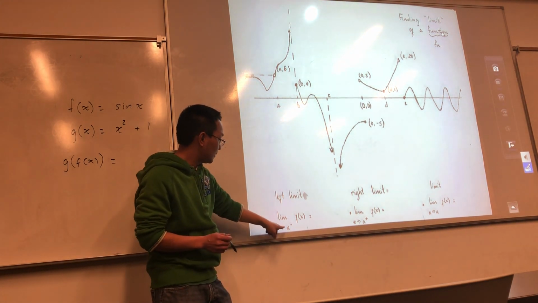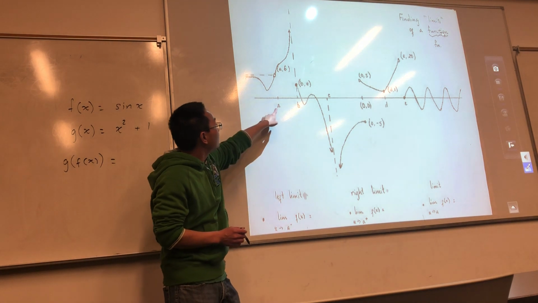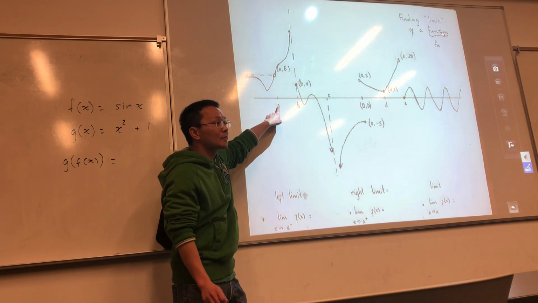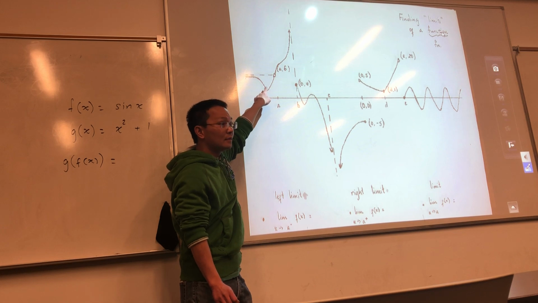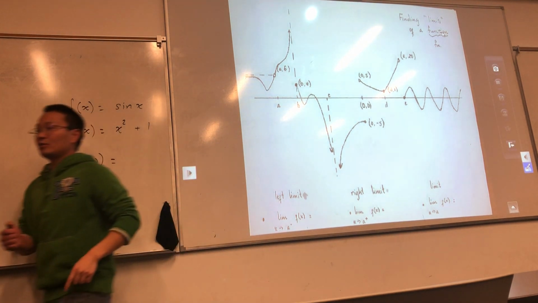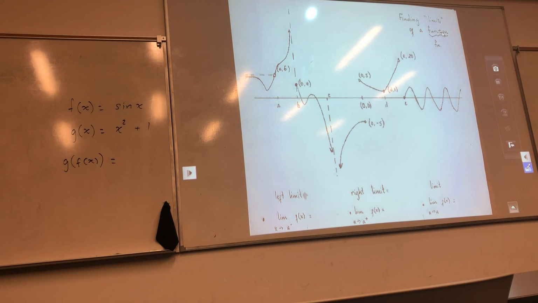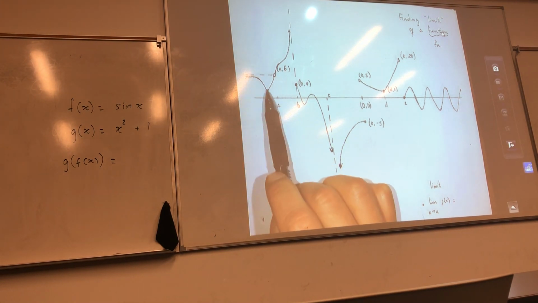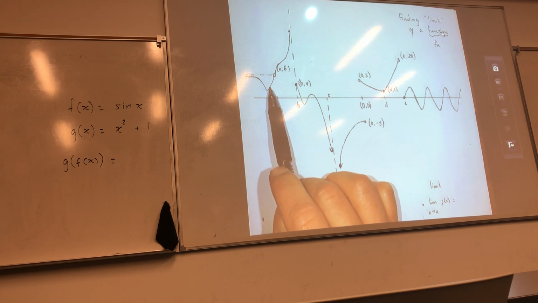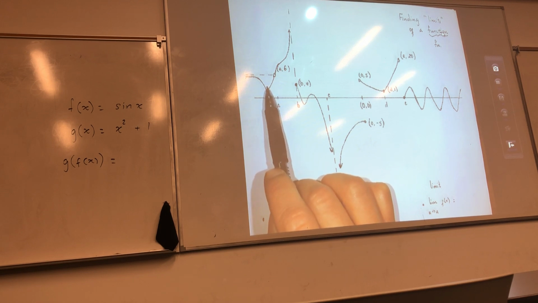So get on the graph to the left of A. You could start all the way out here or here, it doesn't matter, as long as it's to the left. Let me just start here.